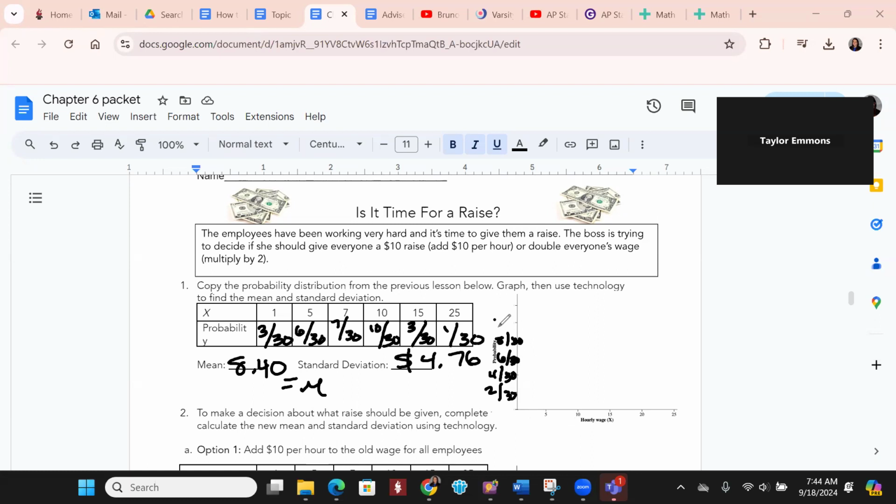At $1, we had 3 out of 30. At $5, we have 6 out of 30. At 7, we had 7 out of 30.